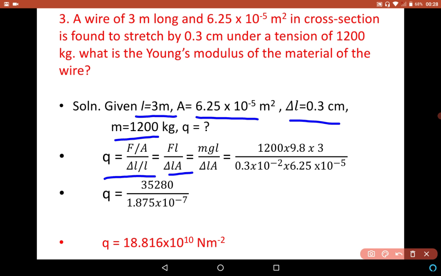Therefore, we have M g L by delta L into A. Substituting all the values here, M is 1200, g is 9.8, L is 3, divided by delta L is 0.3 into 10 power minus 2, converting this centimeter into meter. Then A is 6.25 into 10 power minus 5. After calculating, we have the final value for Young's modulus, Q is equal to 18.816 into 10 power 10 Newton per meter square.